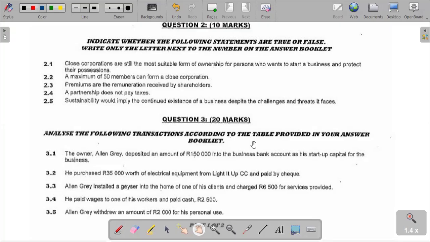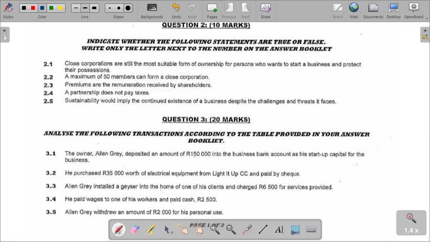Remember, you have your sole trader, your partnership, your public and private companies, and then your closed corporation. Because it can no longer be registered within South Africa, it's not the most suitable form of ownership.